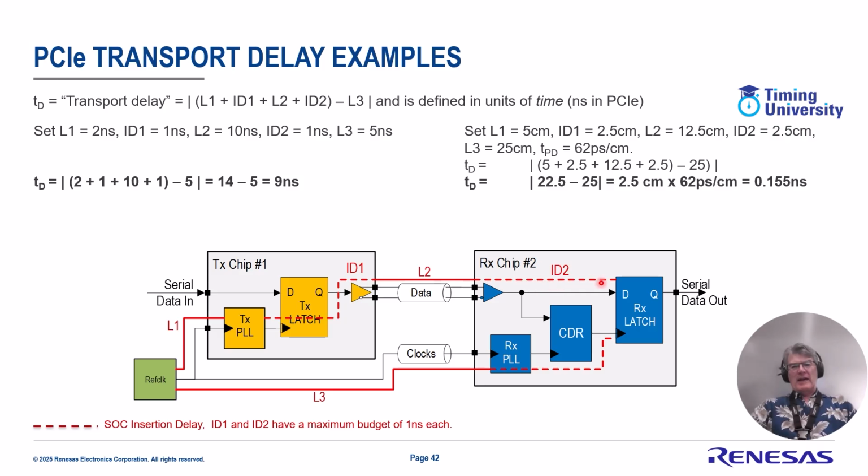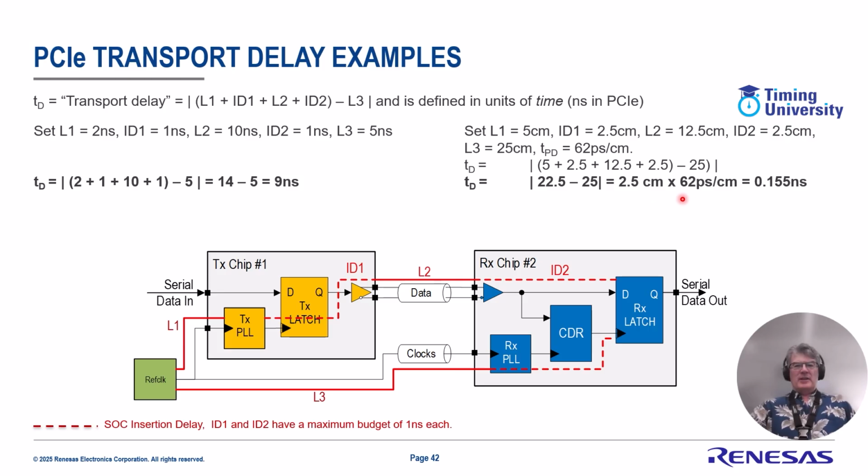We have another 2.5 centimeters here, and then this length is 25 centimeters, let's say, from the reference clock all the way to the receiver latch. So if we do the addition, we add up the top and we get 22.5 centimeters, and we subtract the bottom, which is 25 centimeters, which gives us, say, an absolute value of 2.5 centimeters.